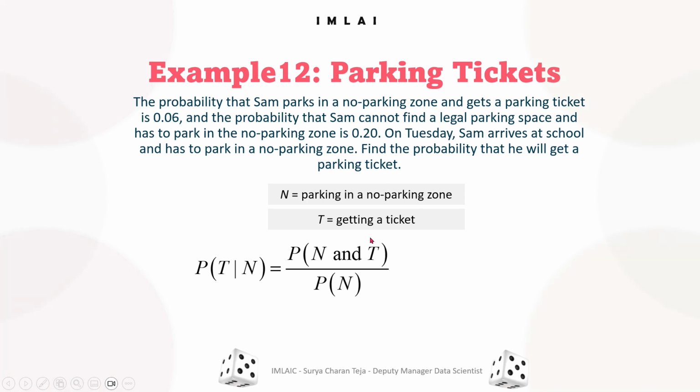So both are there, so it's directly 0.06 divided by 0.20. So this is how you calculate the conditional probability. This is how you use conditional probability, when he has to do something given that something else has already happened.